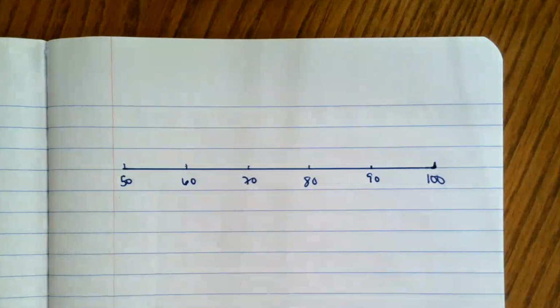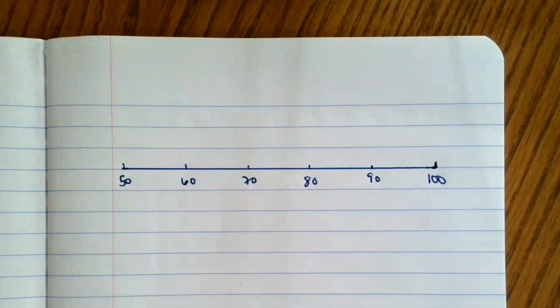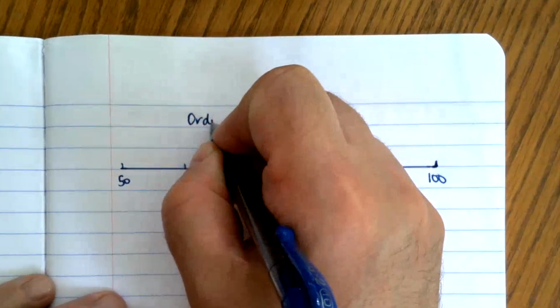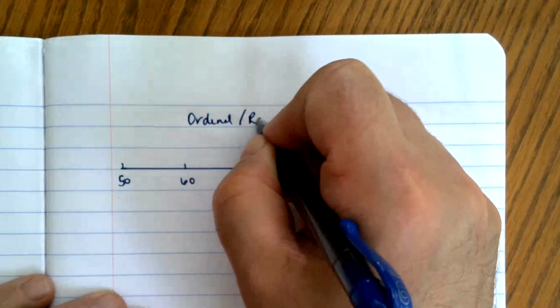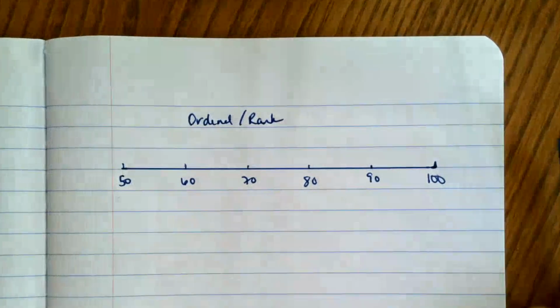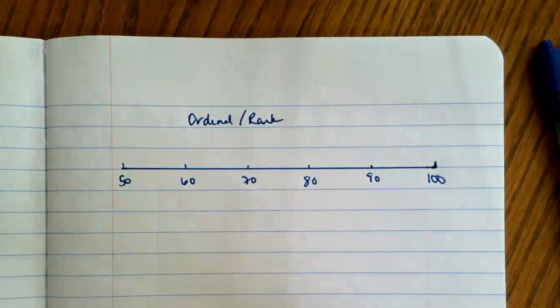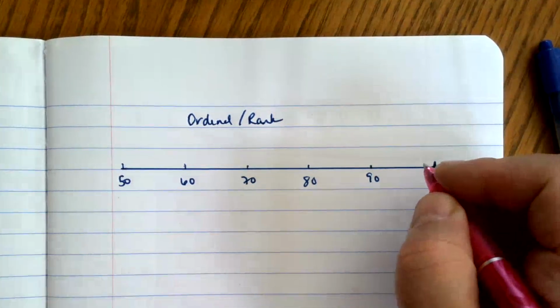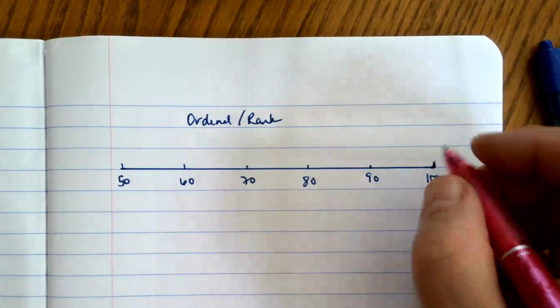So let's take a look at this set of data that we're going to consider ordinal or rank data. Let's say this is representing averages in a course, and there are 20 students, and we're going to mark the students along this line where their averages are.